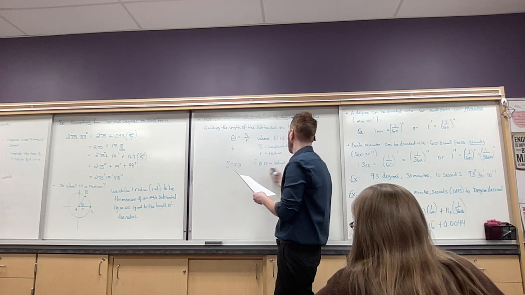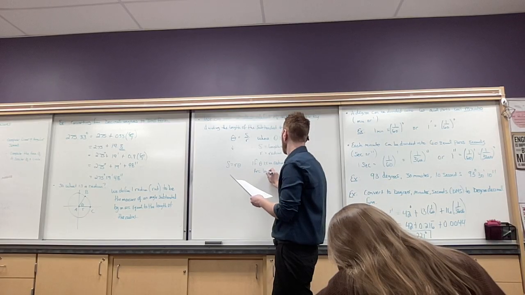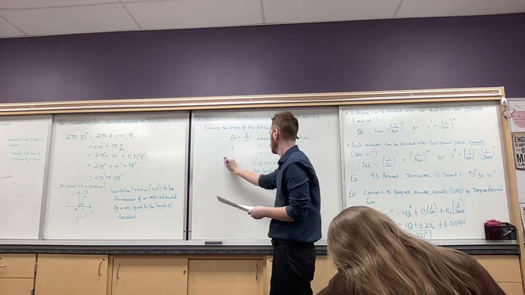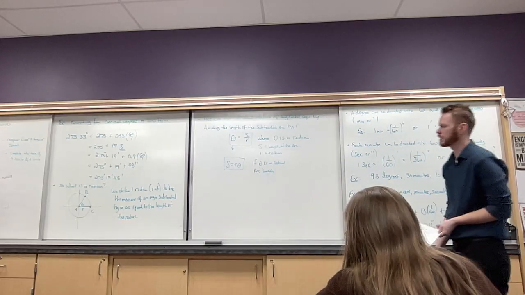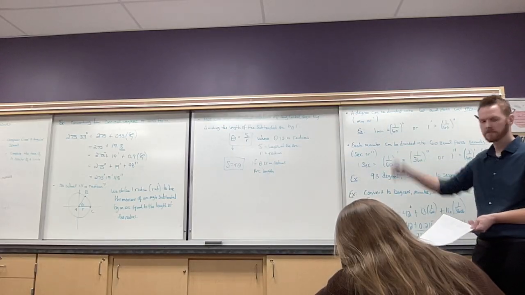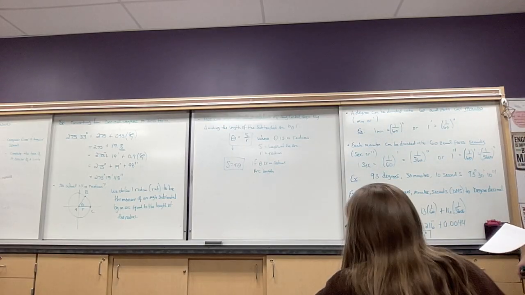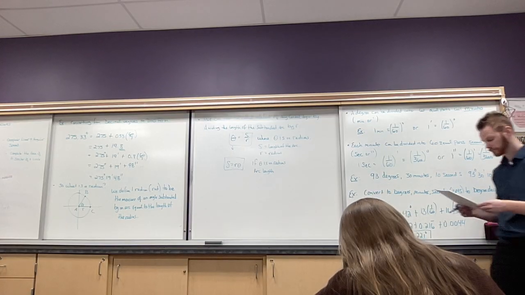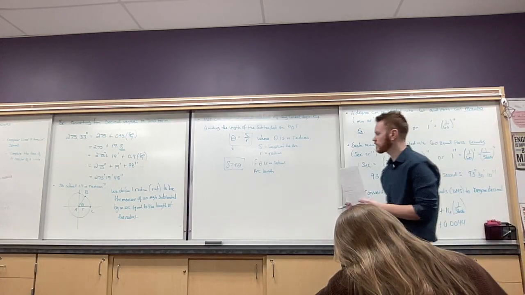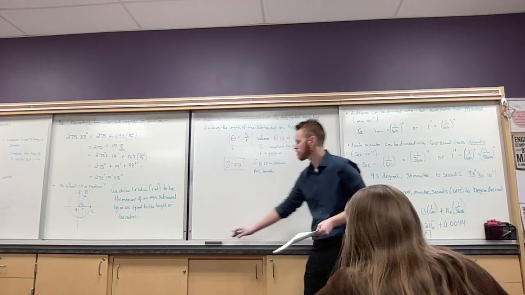This will tell us the arc length. So here's another formula. If I want to know the arc length from B to C, I do the radius times the angle, which is in radians. So far, so good.